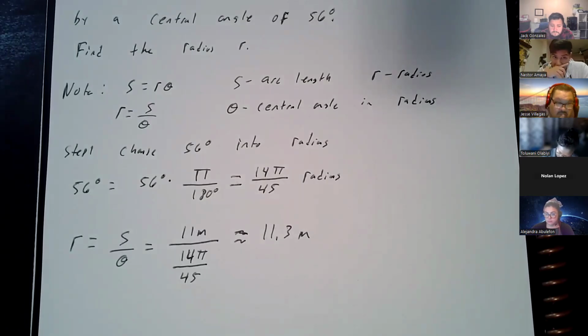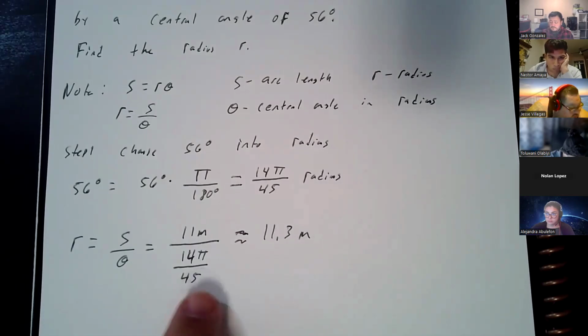It just depends. This is like an old school algebra problem, right? Nothing crazy. The only extra step was we had to convert this. So don't forget to convert. Don't do this with degrees.